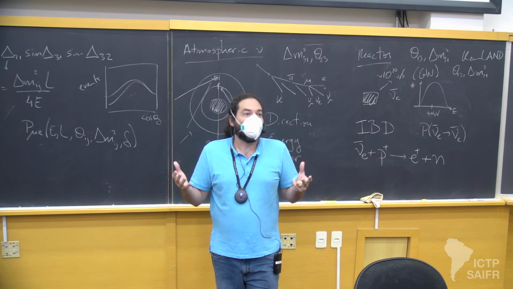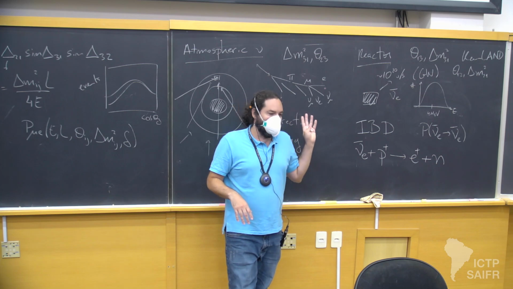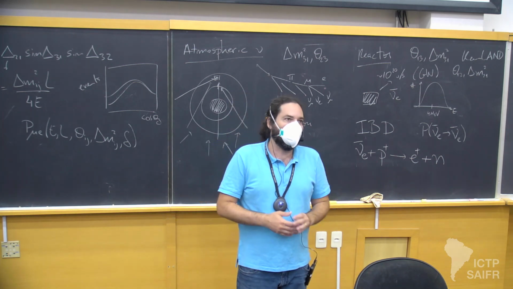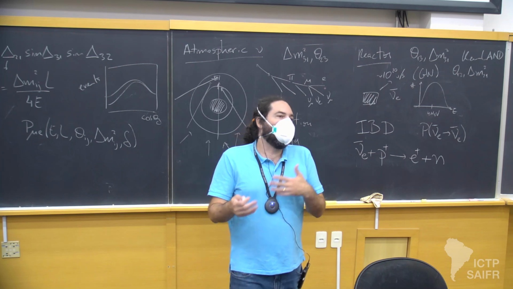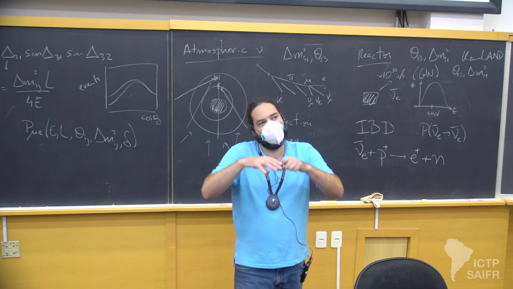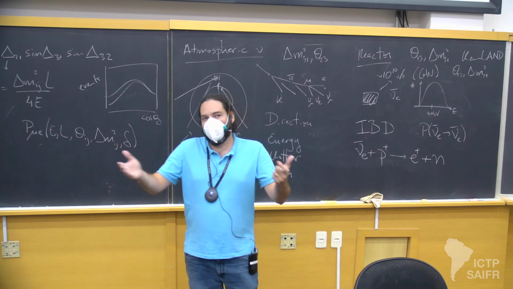So you do look at everything possible. And Super-Kamiokande and DUNE in the future will both be able to look at all zenith angles. Some zenith angles could be easier or harder because these detectors are not perfectly spherical and symmetric. But overall, you can look at all that.